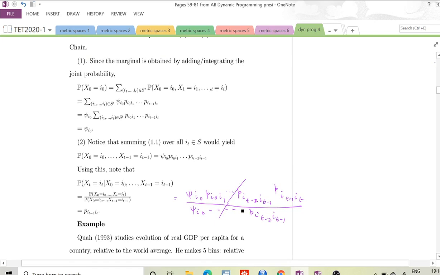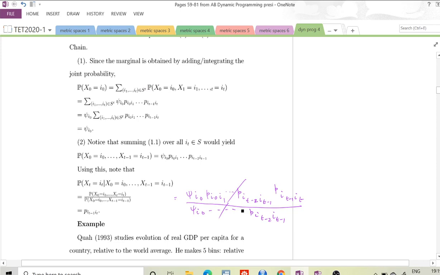So what was the first part that we should show? That the probability that x naught is equal to i naught, given that the path probabilities are as specified, is exactly psi naught. And what is the probability x naught is equal to i naught?